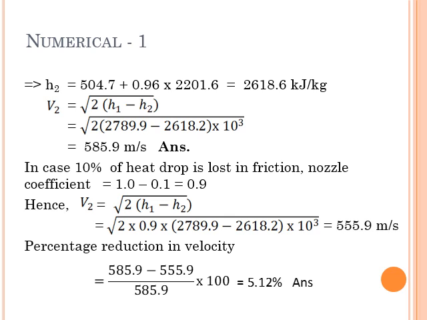The solution gives value of V2 in this case equal to 555.9 meter per second. So percentage reduction in velocity is (585.9 minus 555.9) divided by 585.9 multiplied by 100, and that is 5.12%, and that gives our second answer.